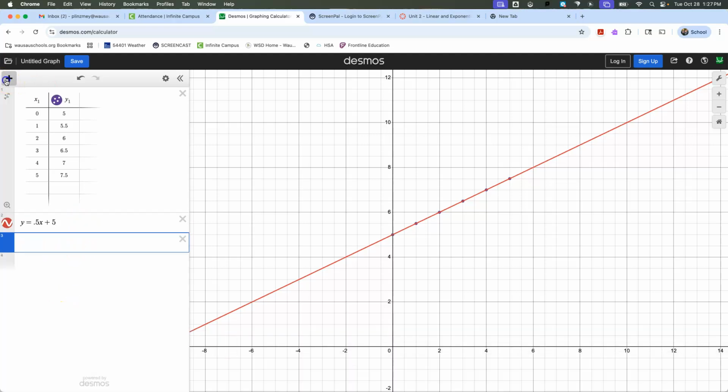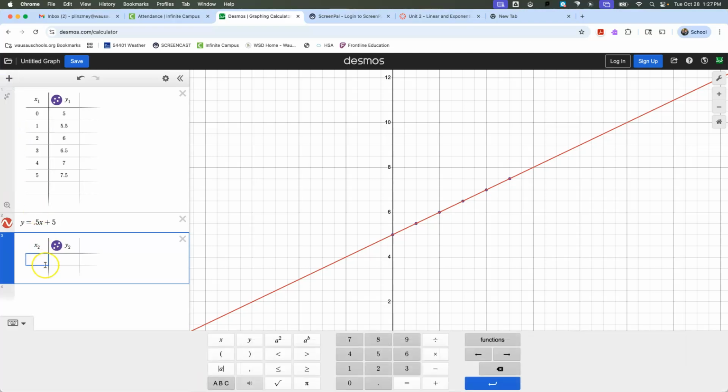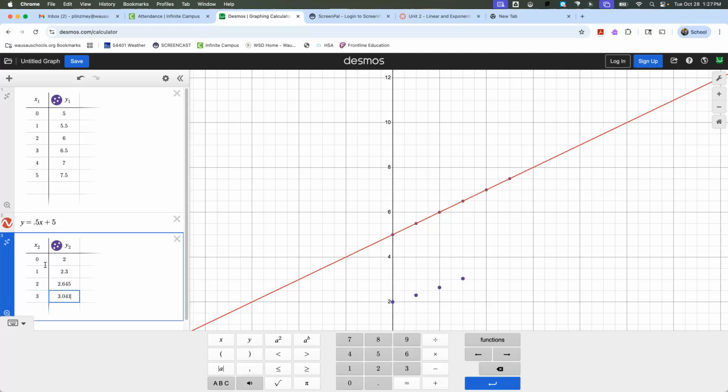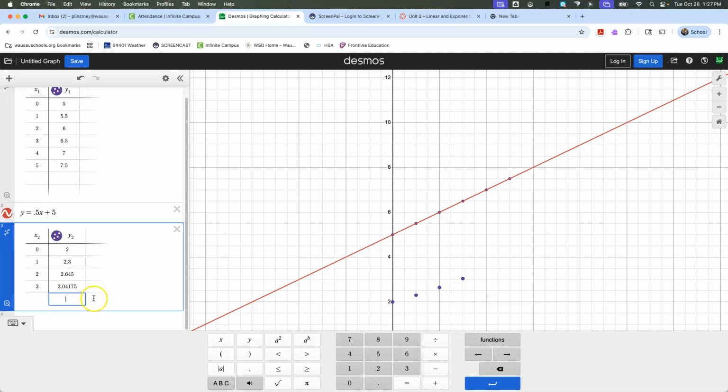Next one, we made a table, and we went 0 and 2, and then we went 1 and 2.3, you said? Okay. Then we went 2 and 2.645, and then we went 3 and 3.04175. Okay. All right. So there we go.